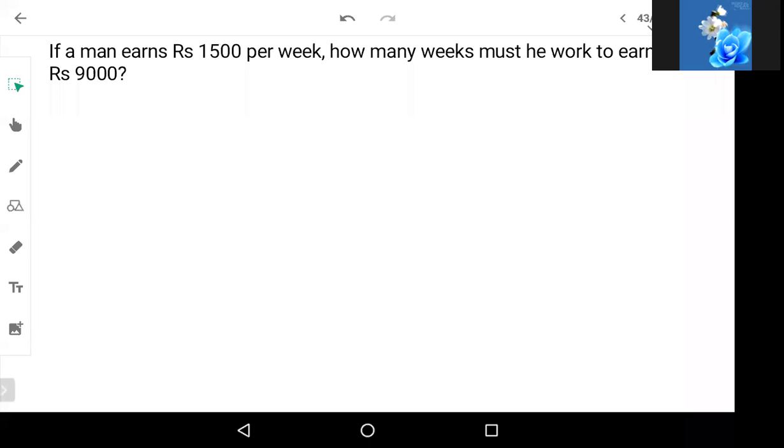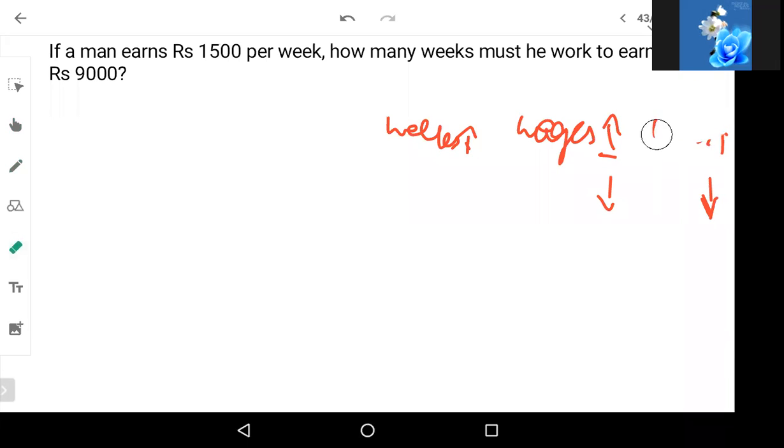In this problem, if you observe, if the number of weeks increases, the earnings or the wages also increase, right?